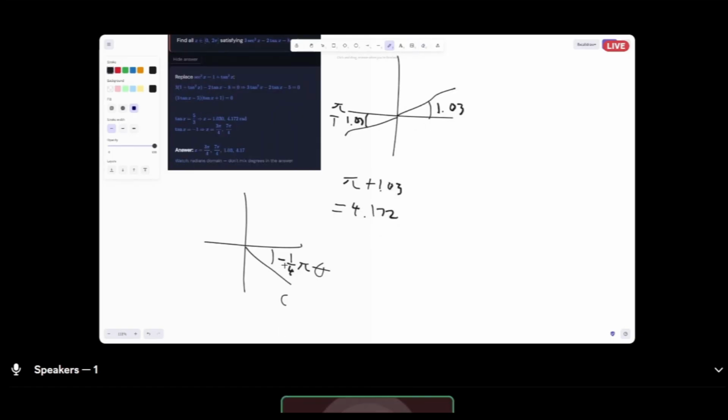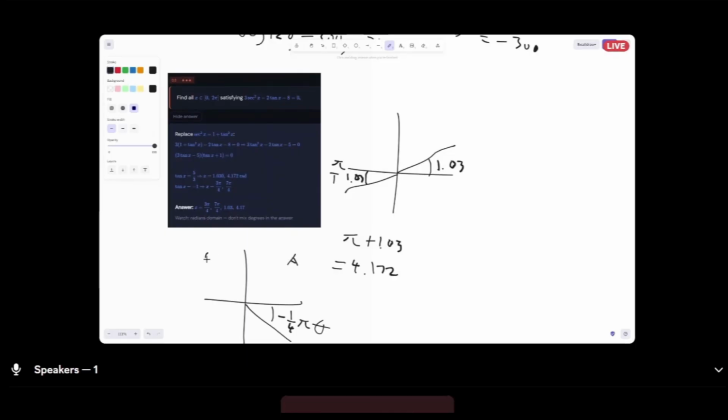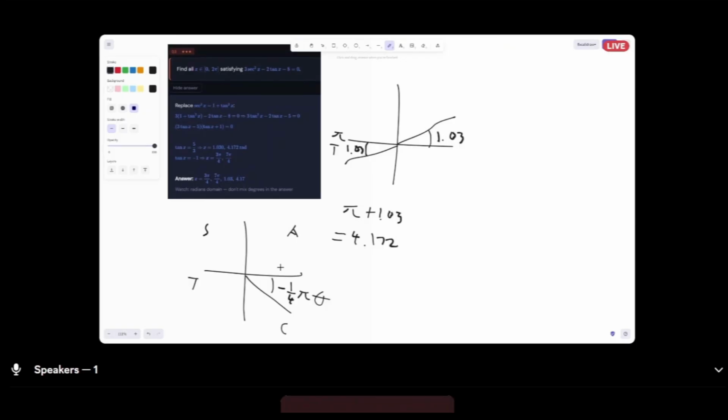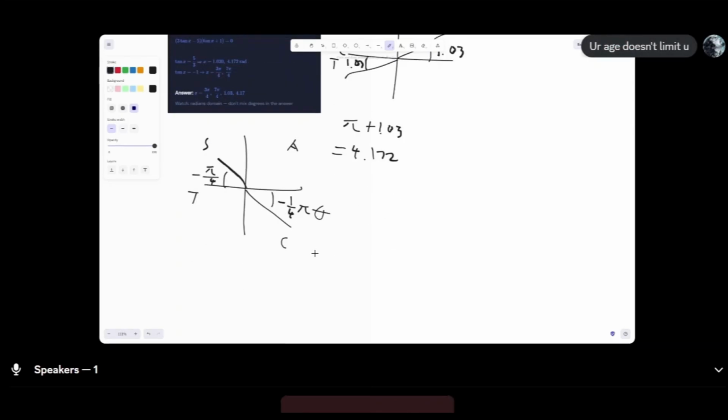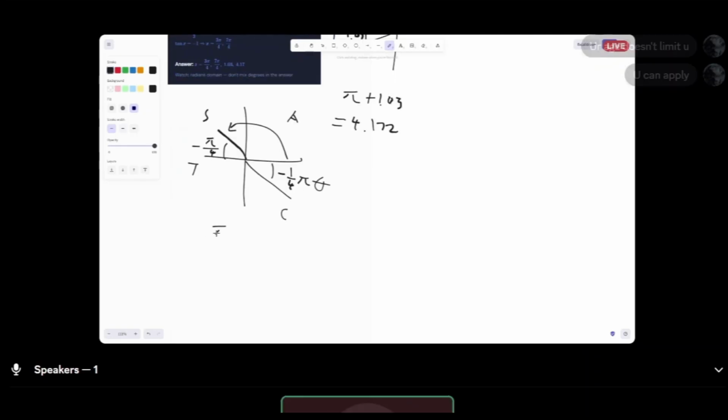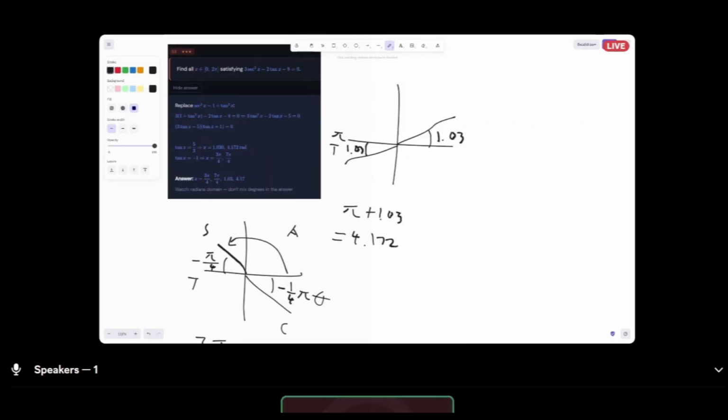So your principal value, using ASTC, is negative 1 over 4 pi. With that, you can find your value for the negative 1, which is here to here, which is 3 pi over 4. So that's one of your answers. This negative is not one of the answers because the domain is 0 to 2 pi.